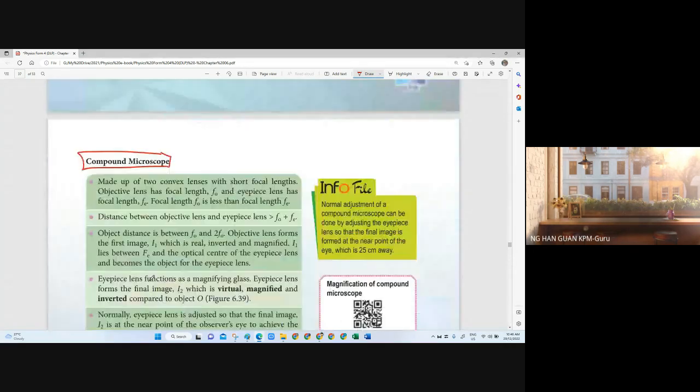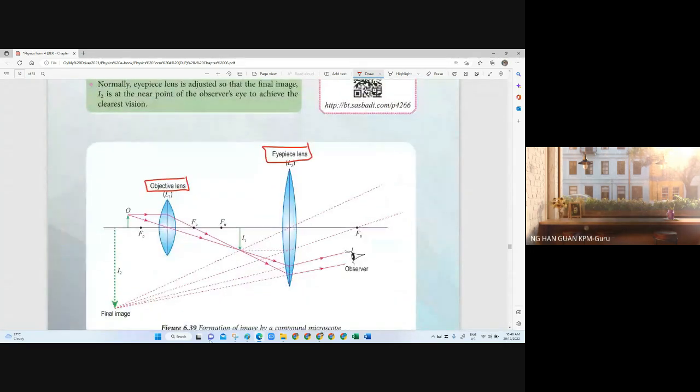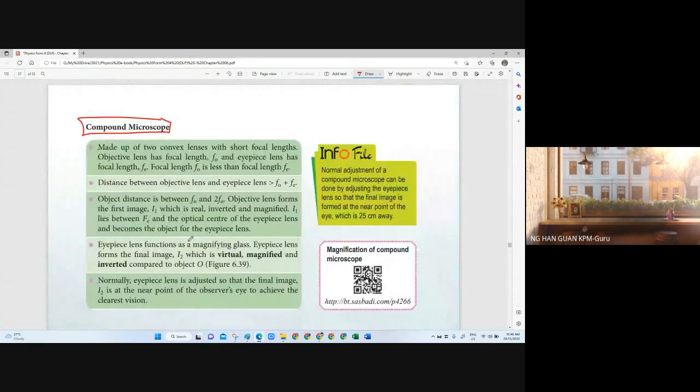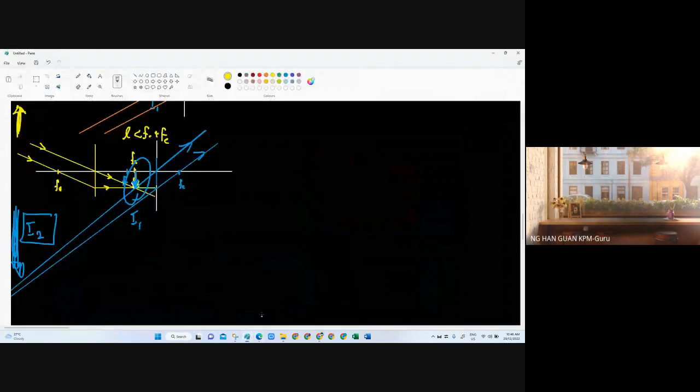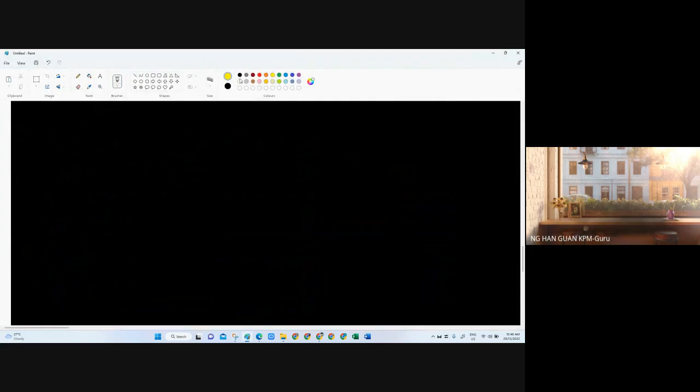All right. Now the next one is the microscope. Once you understand the telescope already, the microscope is quite easier. There is only one special term and condition for the microscope.